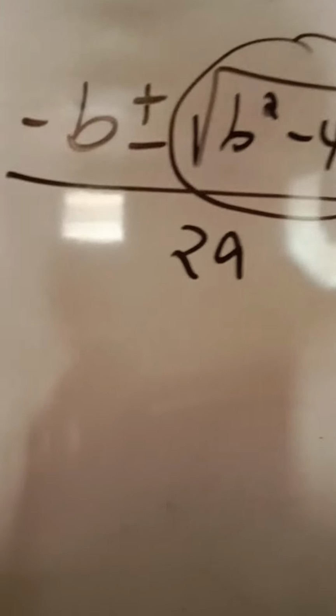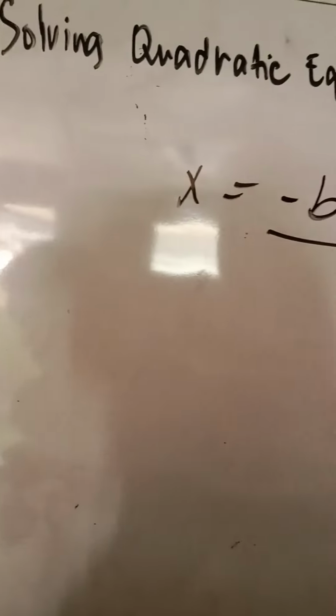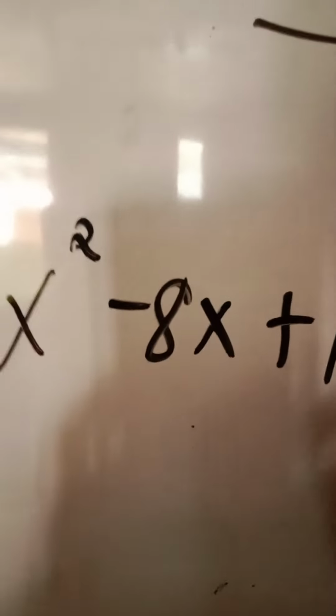Let's have our examples for factorable and not factorable. We have x squared minus 8x plus 12.